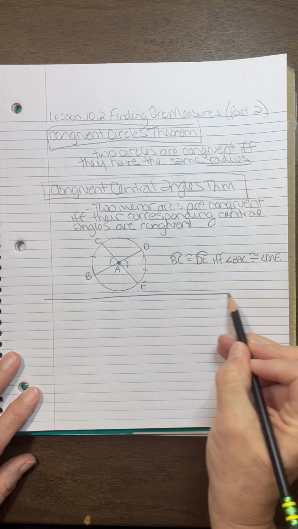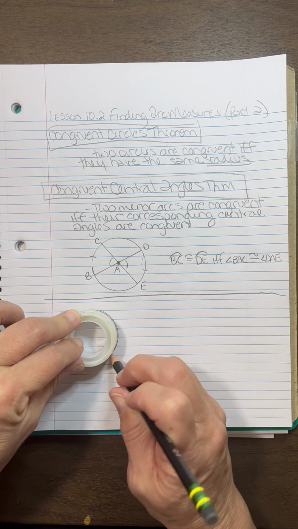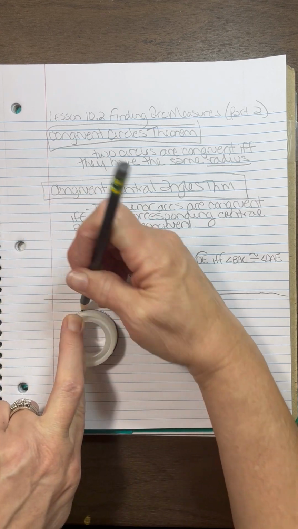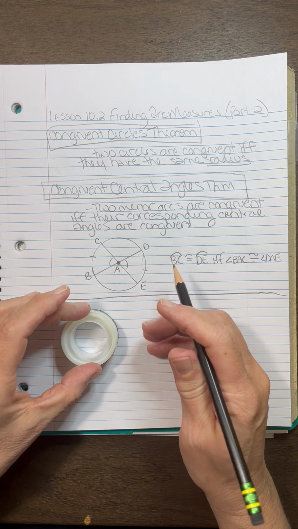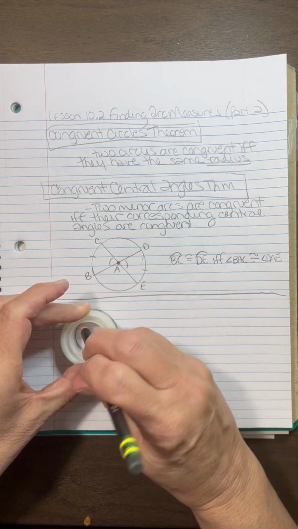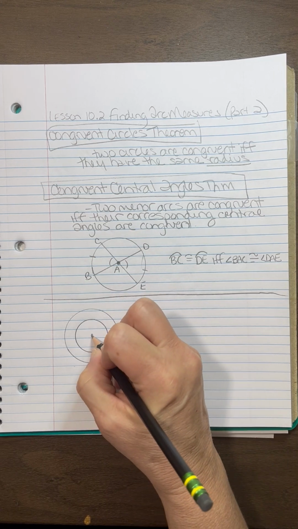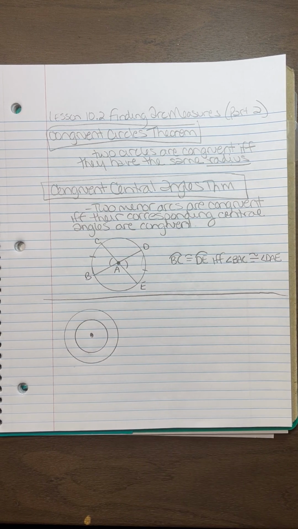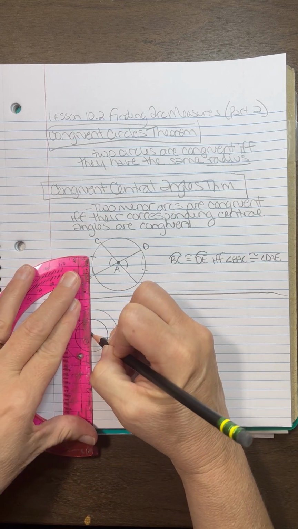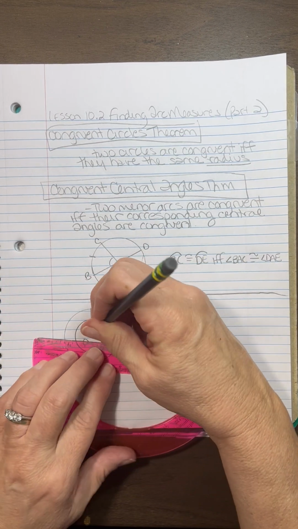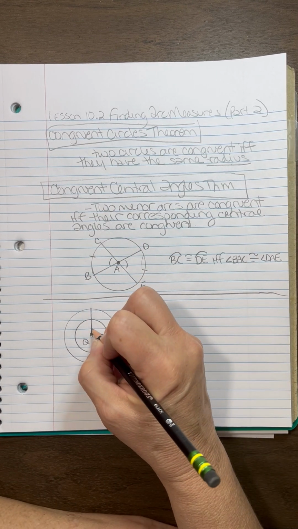Okay. Now I want to show you something that a lot of people mess up on. If you have a larger circle and then a smaller circle inside of it, so concentric, right? They share the same center, which is Q, and we have this.